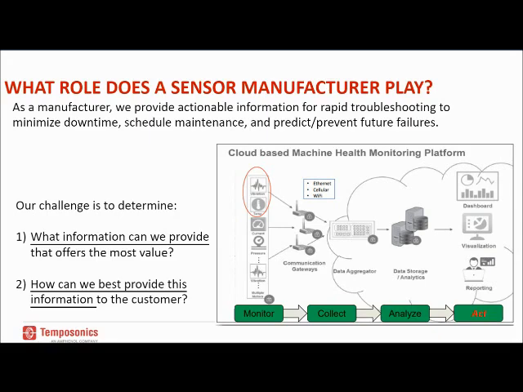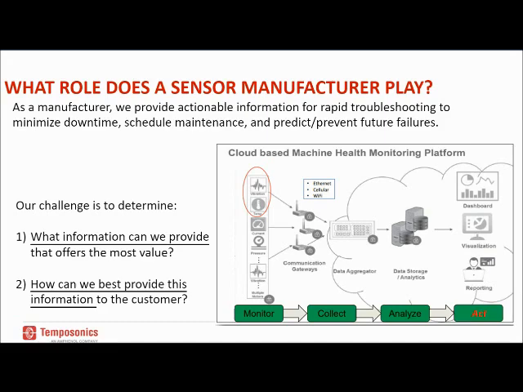So as a manufacturer of sensors, we have to find unique ways to make sure that we're not only producing our product and maintaining the base function of our product, which is in this case providing position data, but also making sure that we are in a place where we can supply additional information that our customers can take advantage of and use to help solve their problems.